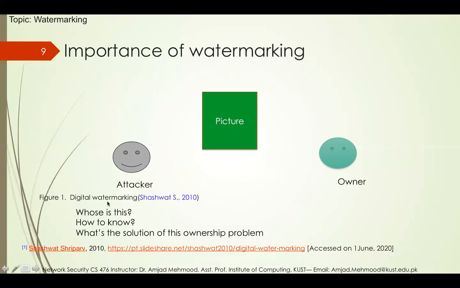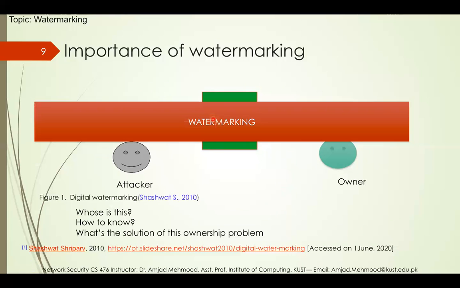Both parties are saying that this is mine, and you don't have any mechanism to verify, so how can you do that? The answer to this question is watermark. If you watermark this picture, then this picture can show who is the owner of this picture.